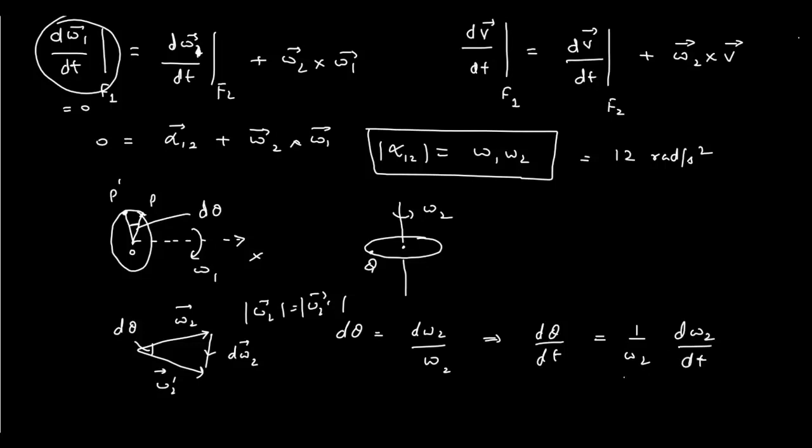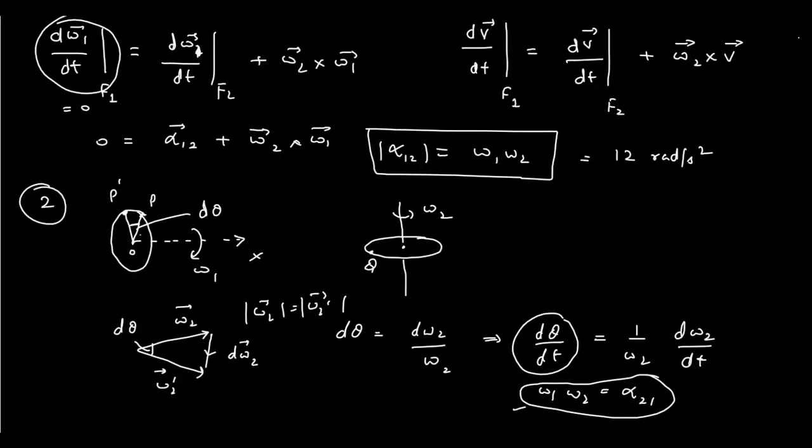Now this d theta by dt is for this object 1, so I can write omega 1 and this is omega 2, and this is the angular acceleration of 2 with respect to 1. Clear? So angular acceleration of one object with respect to another can be written like this also. Clear? So this is our second method.